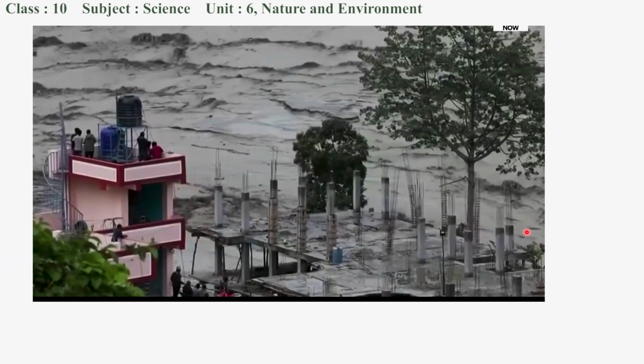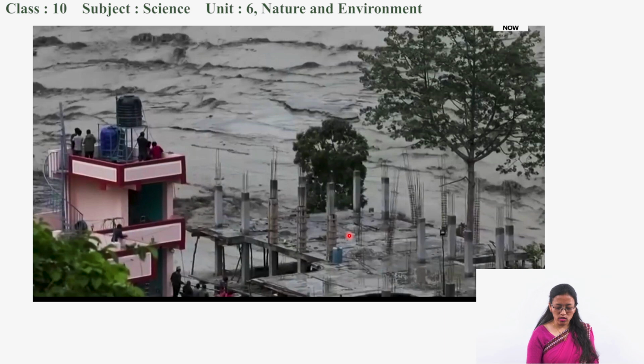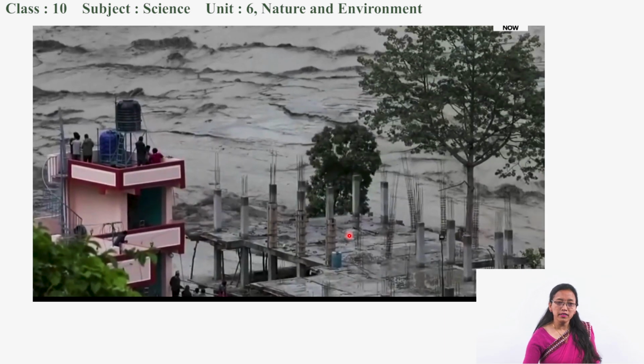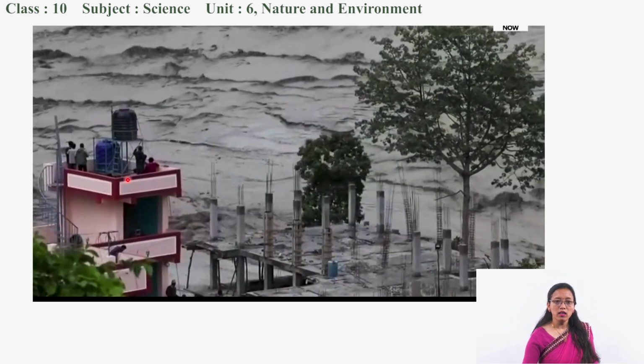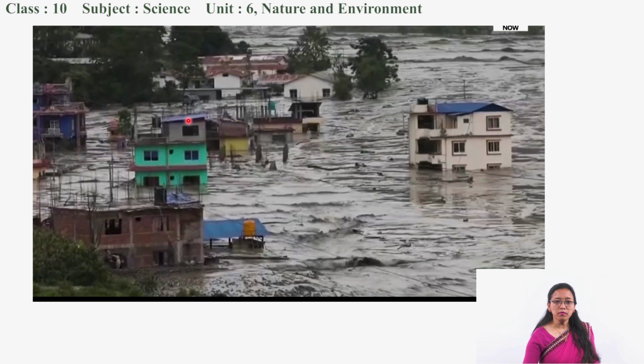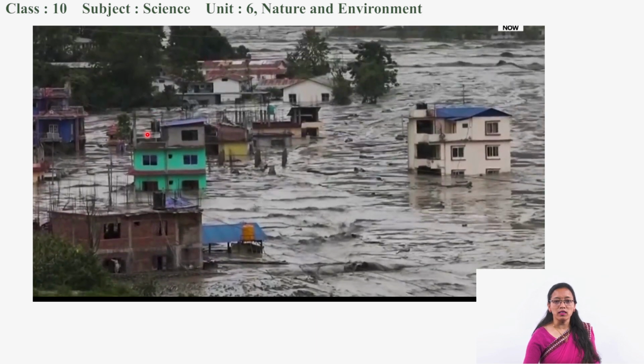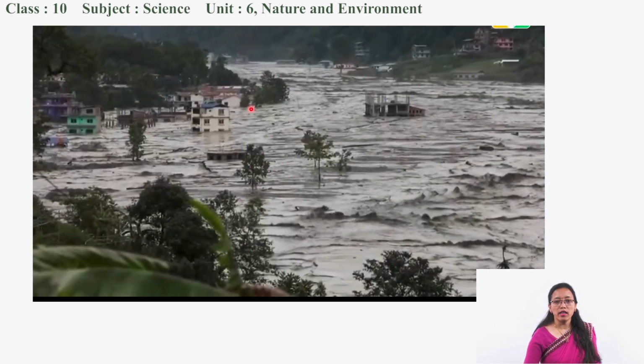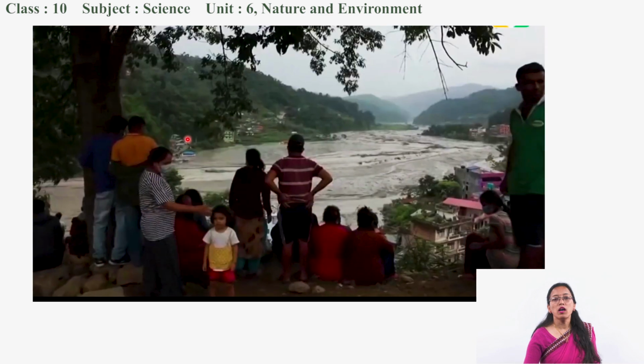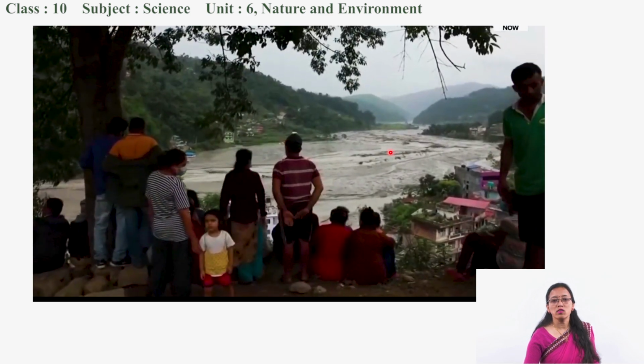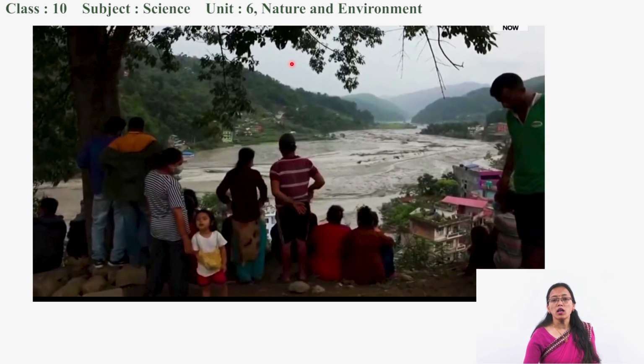Then what effects can we see in this flood condition? Just observe this video. See, there is flood. Because of the flood, the whole locality is affected. Houses are destroyed and some cultivable lands are destroyed. Some animals are flooded away.